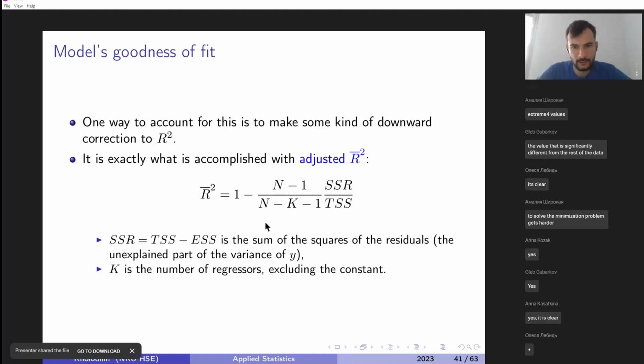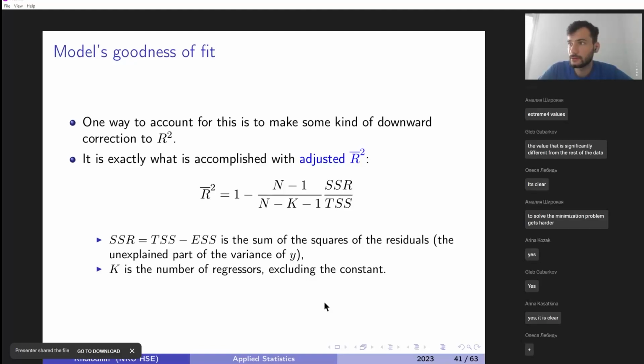And yeah, so what we are going to do is just this. So you have SSR as TSS minus ESS. Do you remember what that means? What is standard R squared? Yes.